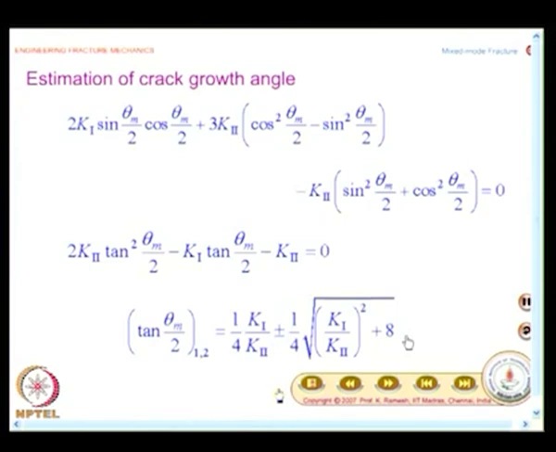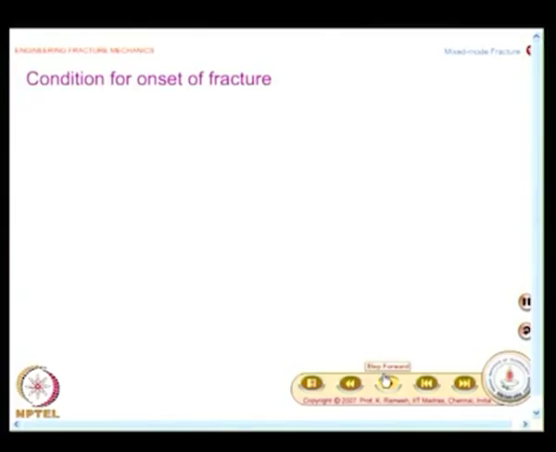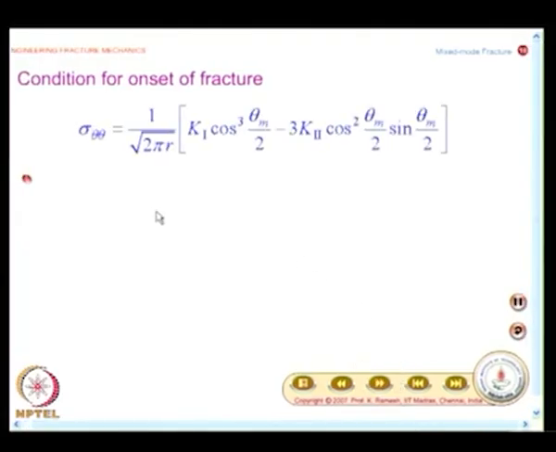So, in a given problem, if the individual stress intensity factors are known, the MTS criterion provides you how to calculate the possible crack growth angle. The second question is, when will the fracture occur? Because I need to know how to find out the onset of fracture. That comes from substituting theta equal to theta m in your expression for sigma theta theta.